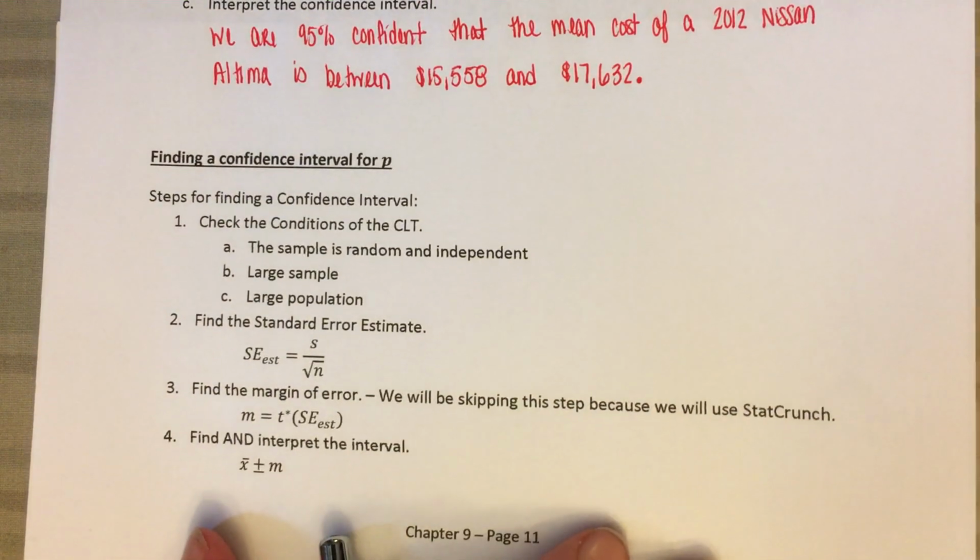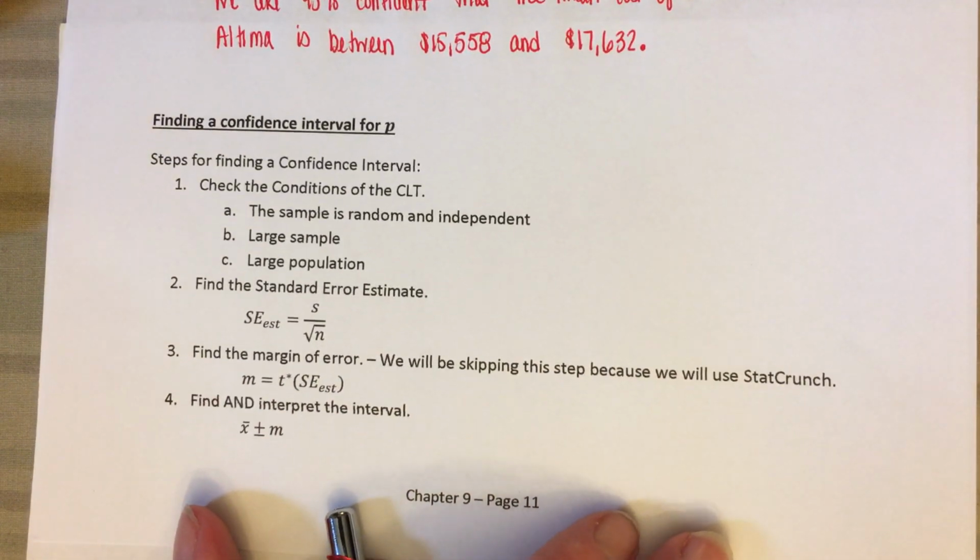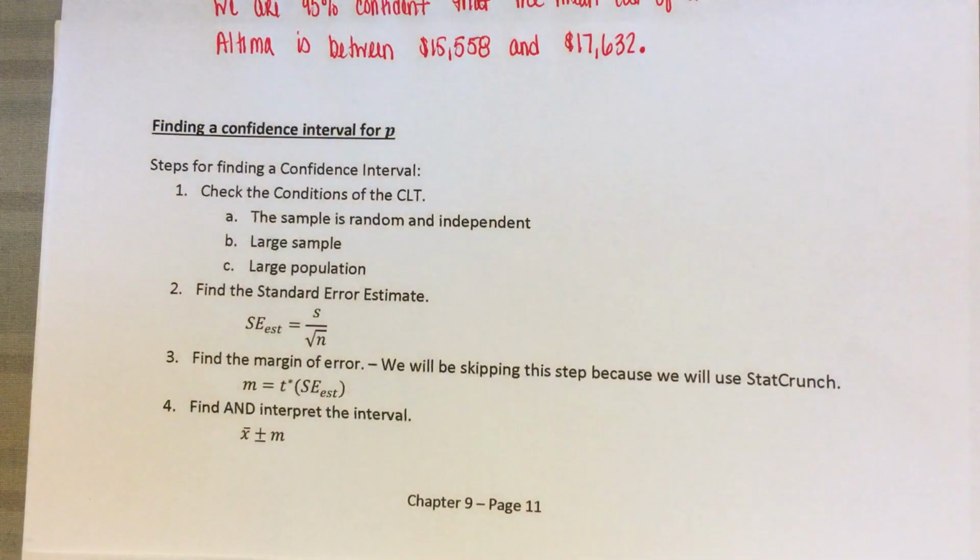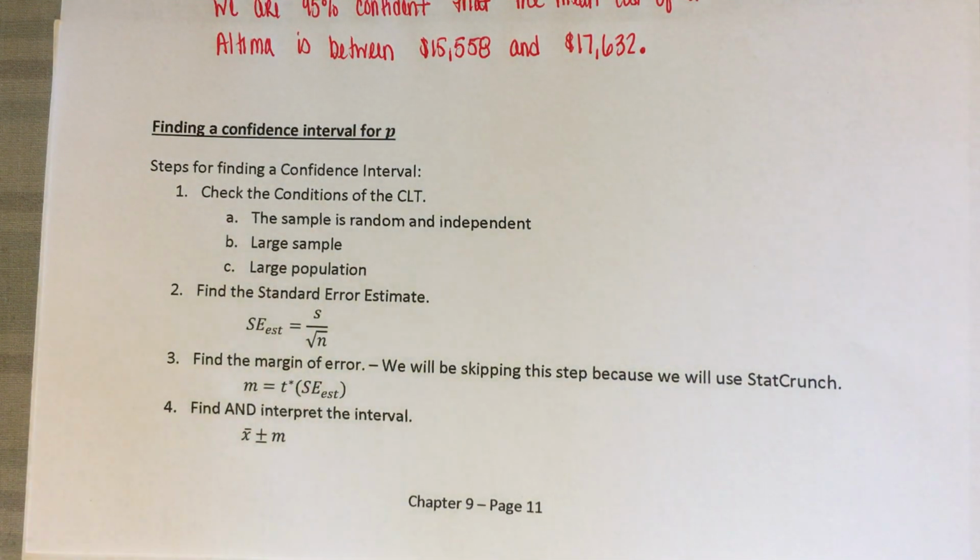Now we're going to talk a little bit about finding our confidence intervals. Our first step, just like we saw in section 7.4, is to check our conditions. Our second step is to find our standard error. The only difference is we have a different standard error formula than we had in chapter 7.